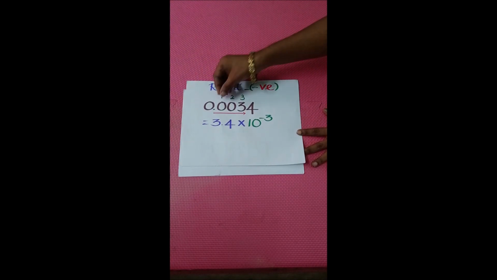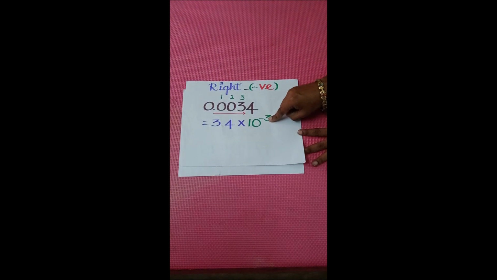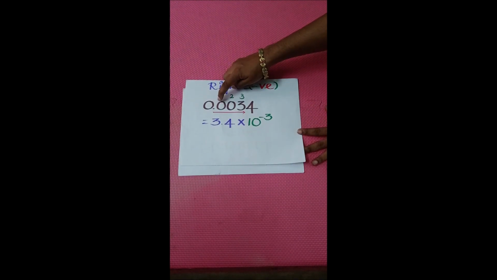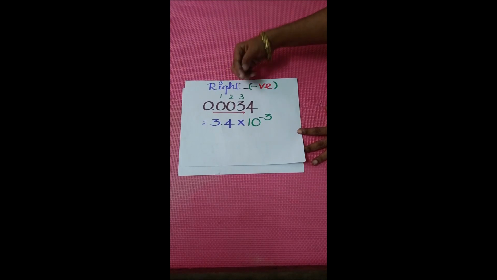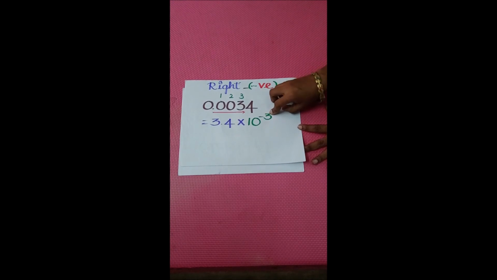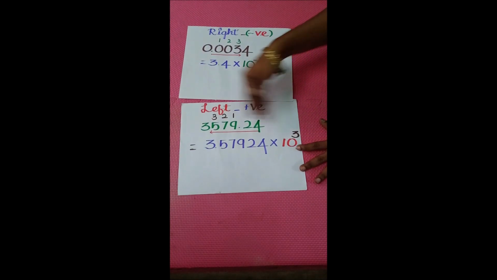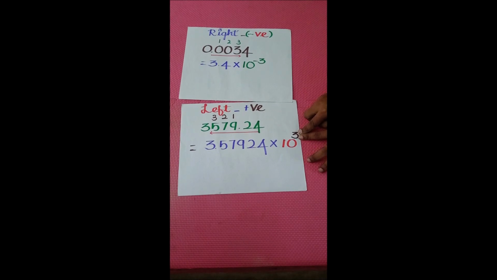So now I am moving the decimal point to the right, so it will be a negative exponent. How many places am I moving? 1, 2, 3. 3 places I am moving. So I put the power as 10 to the power negative 3, negative 3 because we are moving to the right-hand position. When moving to the right, we put the negative symbol. If you are moving to the left-hand side, you put the positive symbol.